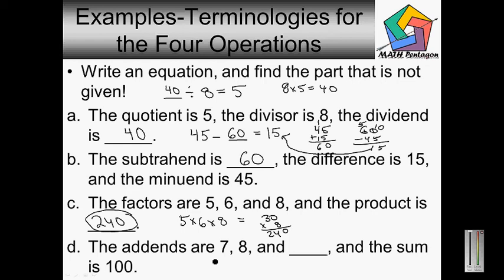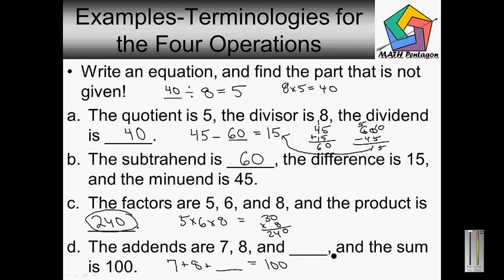Okay, the addends are 7, 8, and blank, and the sum is 100. So 7 plus 8 plus blank equals 100. So 7 plus 8 is 15.